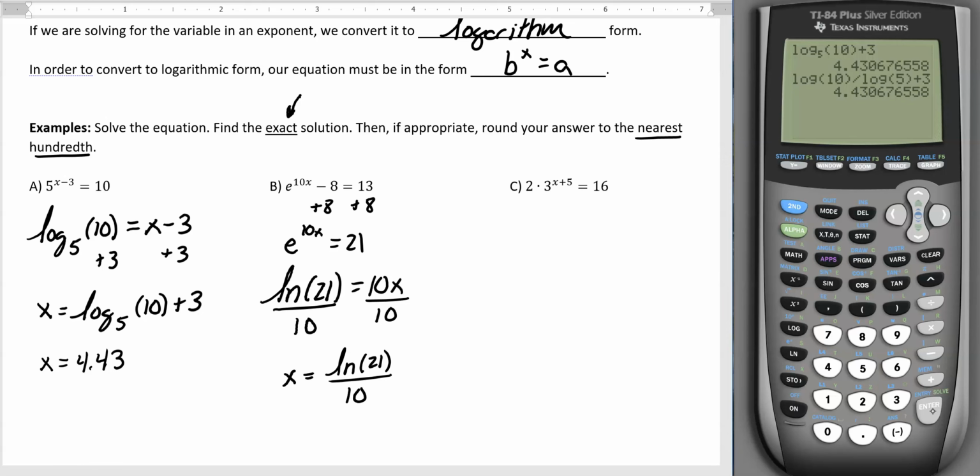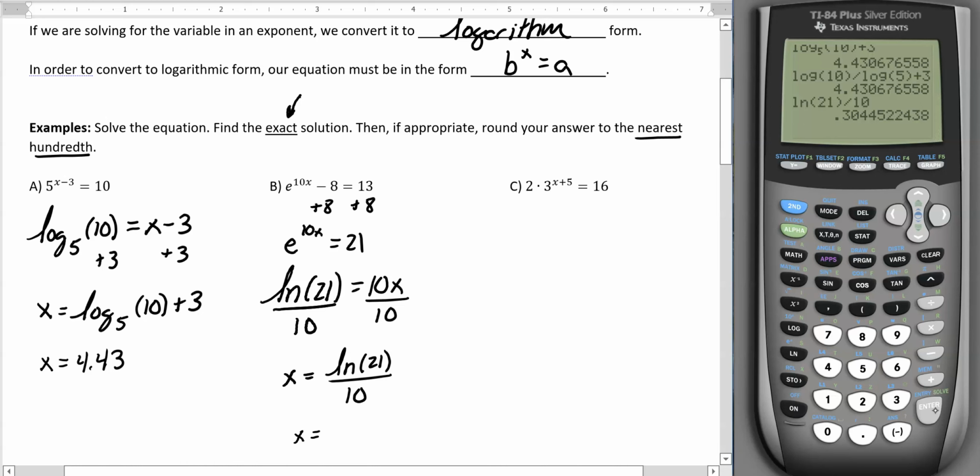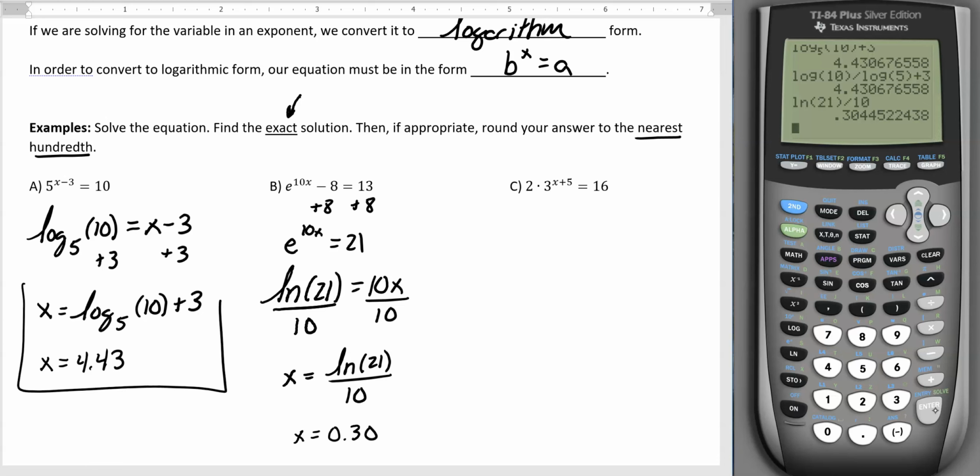That would be the exact value. Now in my calculator, the natural log of 21 divided by 10, 0.30. That would be our approximate value, our rounded value. All right, so each of these problems is going to have our exact value and a rounded value.